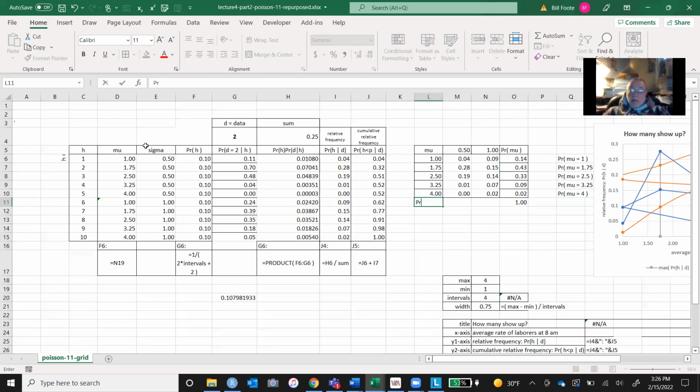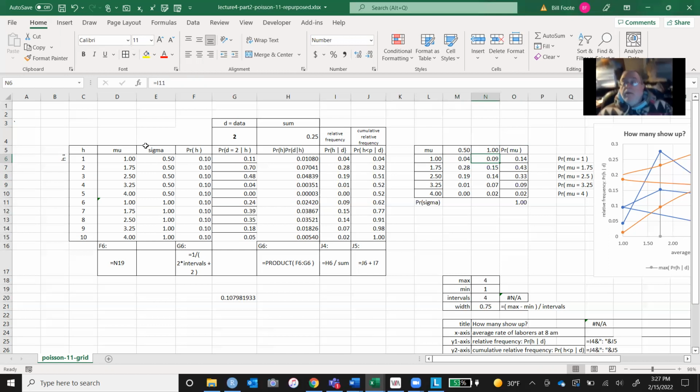So probability of sigma, we'll put over here. And we have several probabilities to consider for a sigma of 0.5. And we also have 5 probabilities to consider for a sigma of 1.